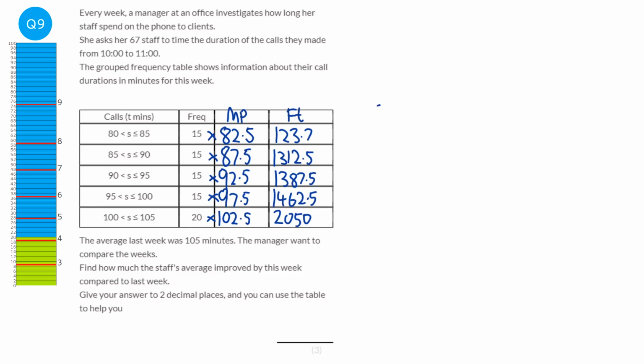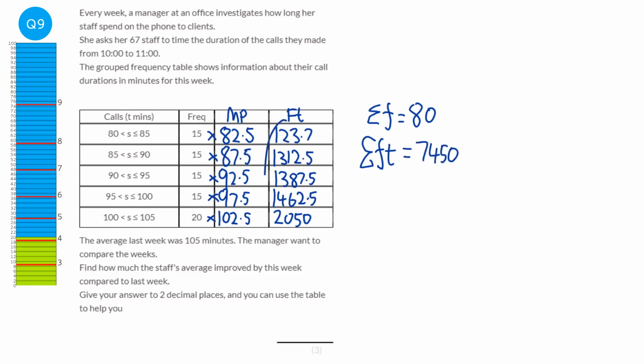Right, next we need to add up the frequencies and add up the FTs. So we're going to have the sum of the frequencies. I'm just adding all this column up, and that will be 80. And we have the sum of the ft. We're going to just add this column up here, and that would be 7,450.